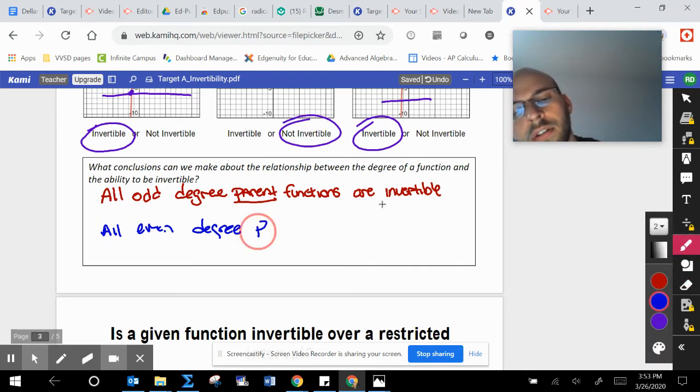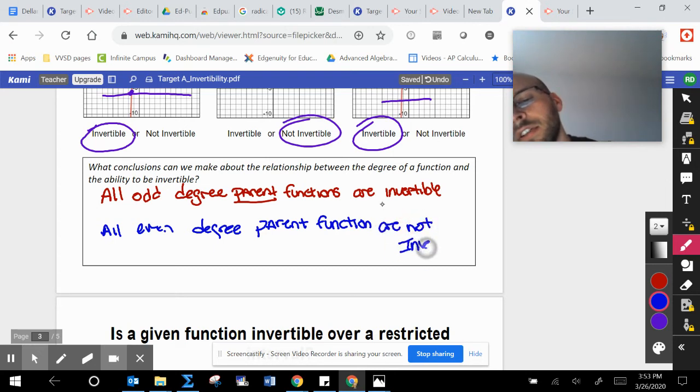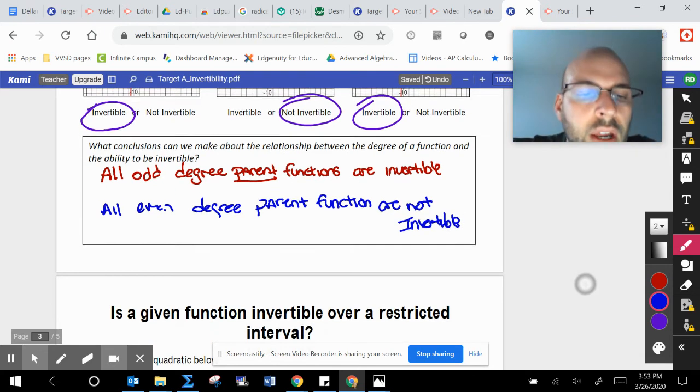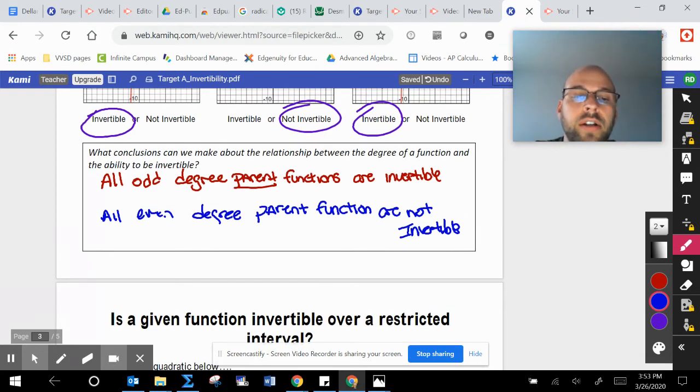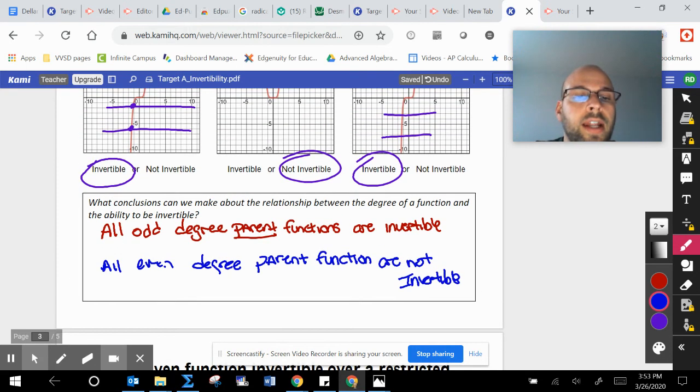Even degree parent functions are not invertible. Okay, so again, odd degree parent functions are, even degree parent functions will not be, and the odd degree only goes for the parent functions, not for all odd polynomial functions.